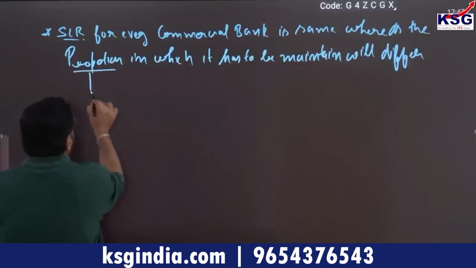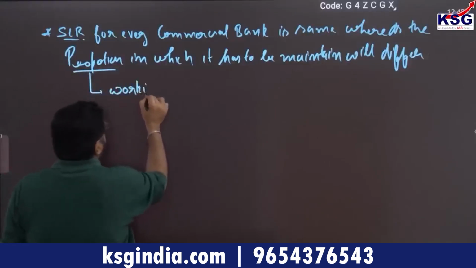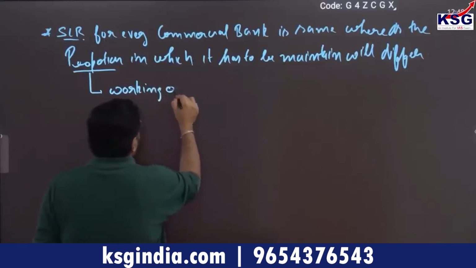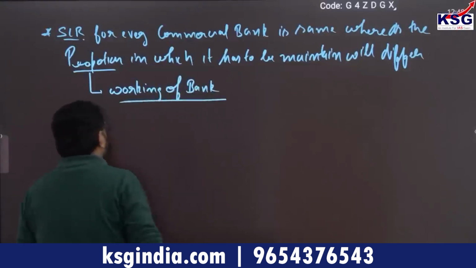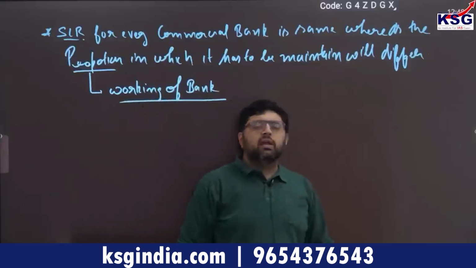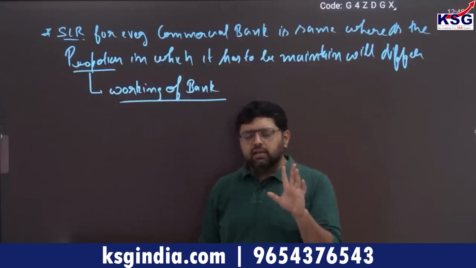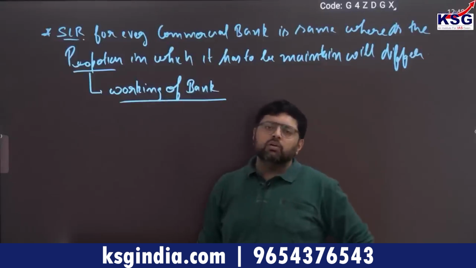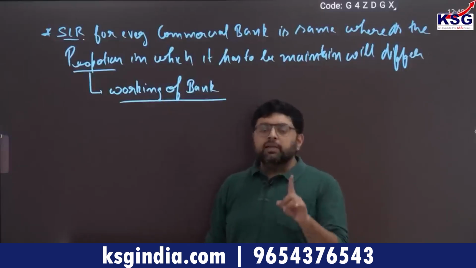Now this depends upon the working of the bank. When I say working of the bank, it means if the bank is performing well, then RBI will allow you to keep very little amount in cash under SLR and keep the majority in gold and RBI approved securities. So ultimately that depends on your performance.